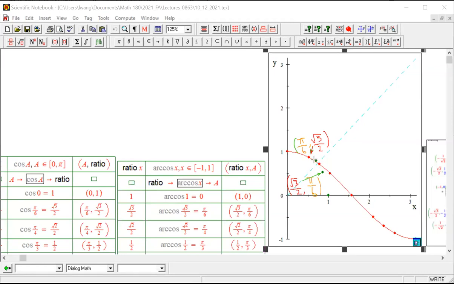And these two pairs, the green and red, you look at the green and red, right? This red is going to be marked as the orange pi over 4, comma, red number root 2 over 2.